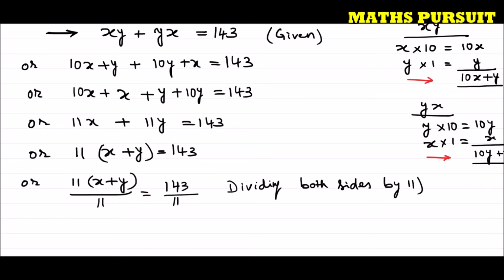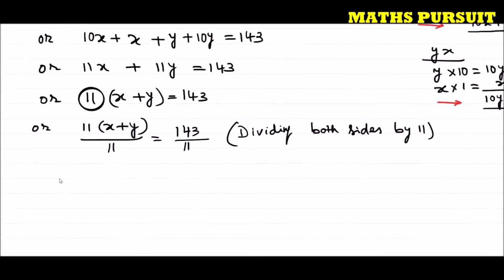Why am I dividing both sides by 11? In order to eliminate this 11, I need to divide this 11 by 11. If I am dividing this 11 by 11, I need to also divide the other side of the equation by 11. For that reason, I am dividing both sides of the equation by 11.